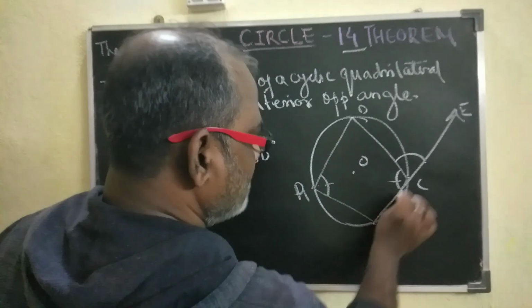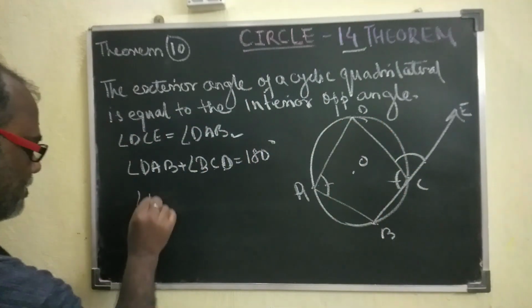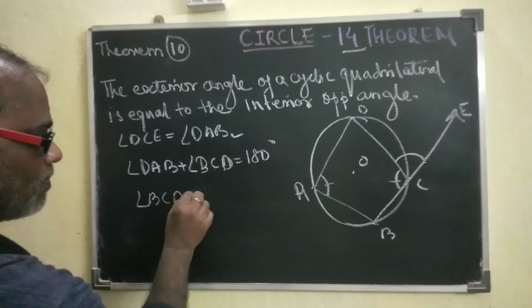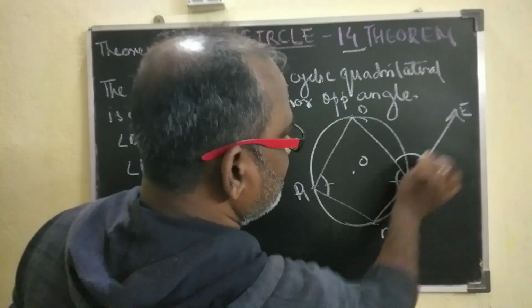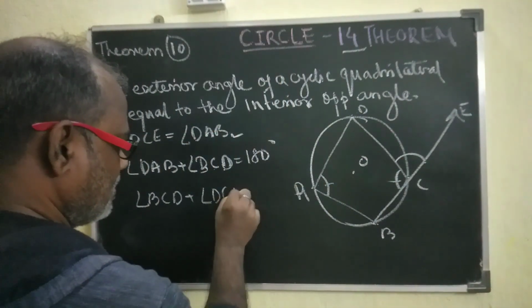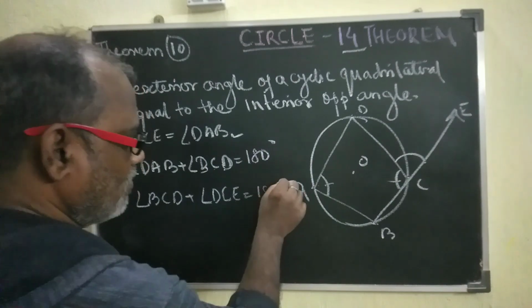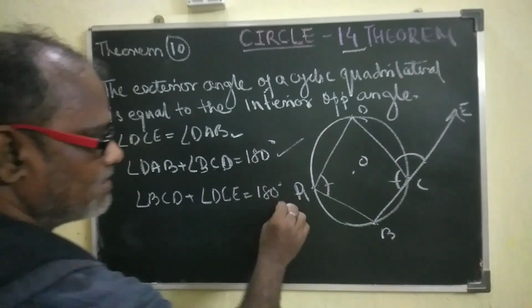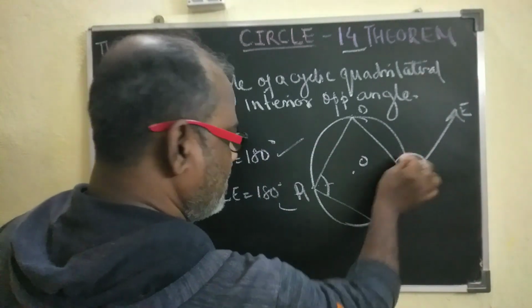Also angle BCD plus angle DCE equals 180 degrees, because this is from the theorem and this is a straight angle, supplementary angle.